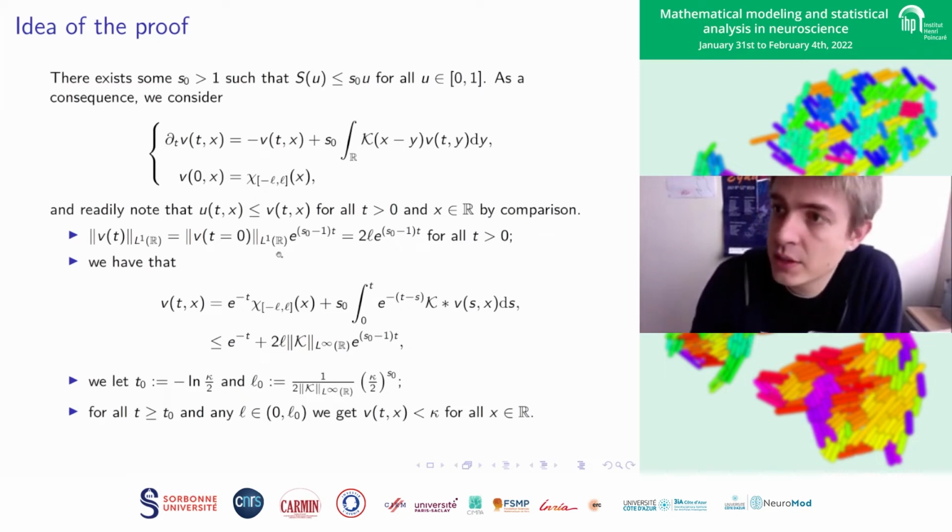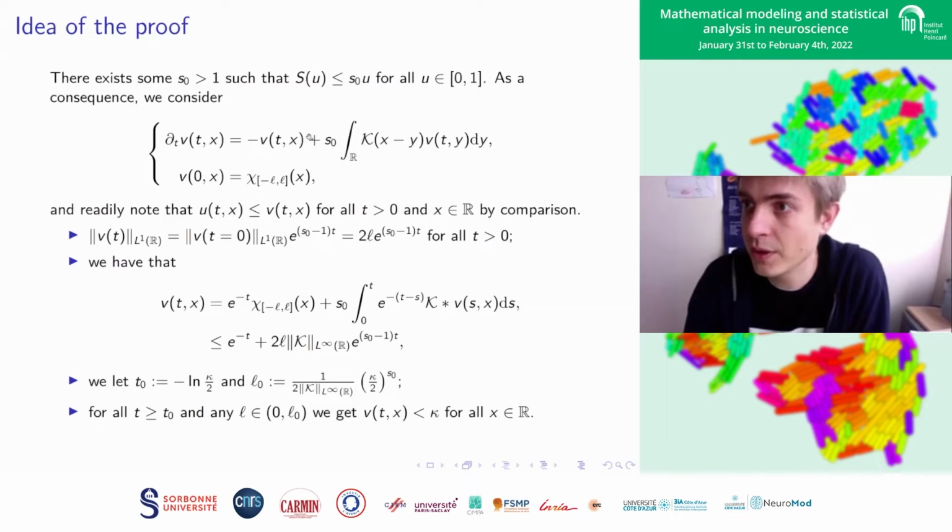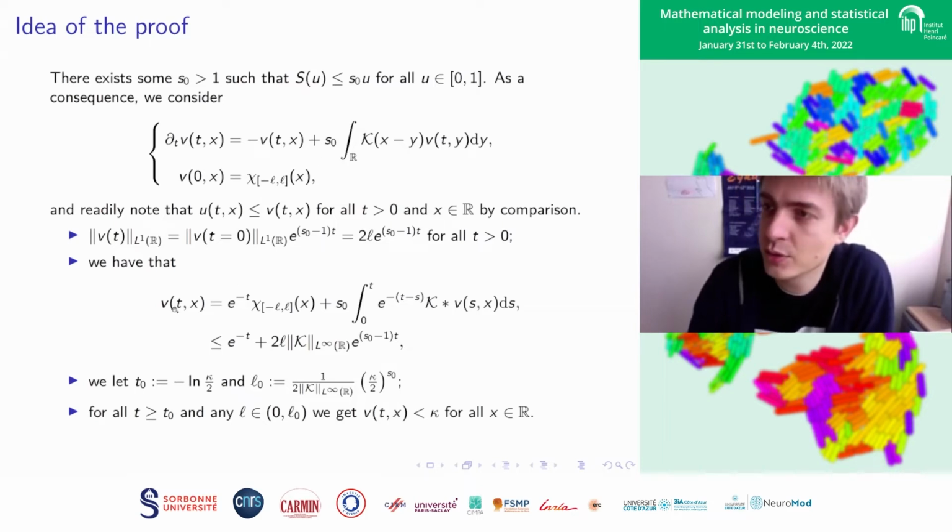And so now it's very easy to conclude because you can control the L1 norm of the solution here. This gives you some indication, and then you can just directly solve this problem by using a Duhamel formula and just do some Young inequality in the convolution term.